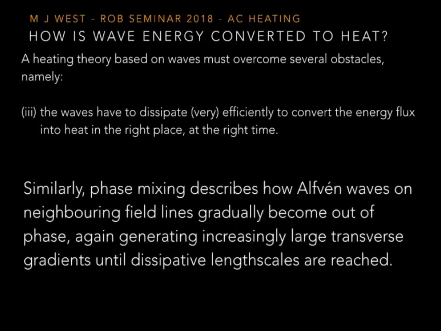And this is similar in the phase mixing idea, where Alfven waves on neighboring field lines gradually become out of phase, again generating large transverse gradients until dissipative length scales are reached.